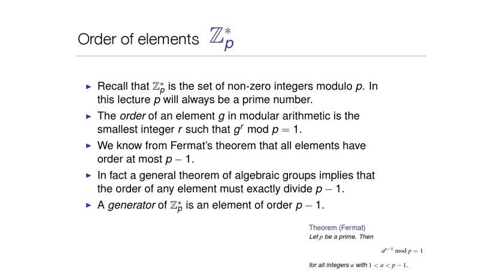In this lecture, p will always be a prime number, a large prime number. All the numbers less than this large prime number are going to be the integers modulo p.